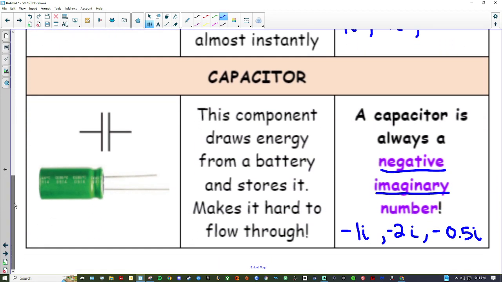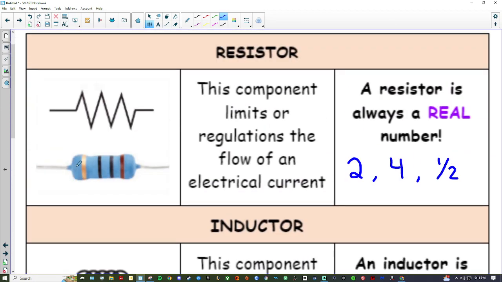A capacitor, represented by these two bars, is always represented by a negative imaginary number, so it has the imaginary unit I as well as the negative sign out in front. So let's look at some problems that look at electrical circuits, and these three different components.